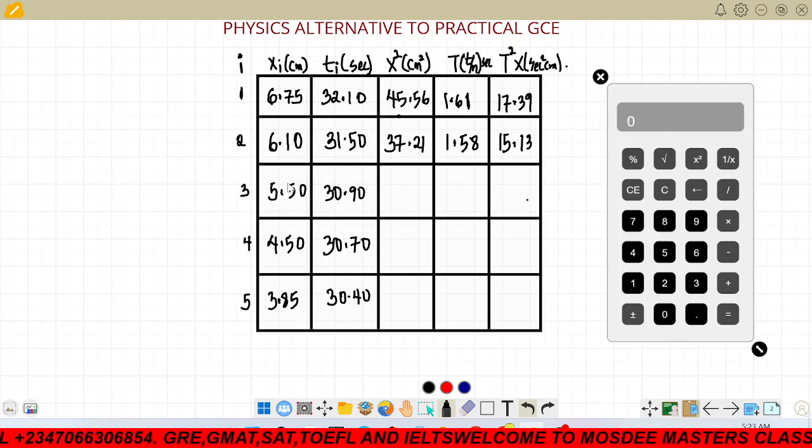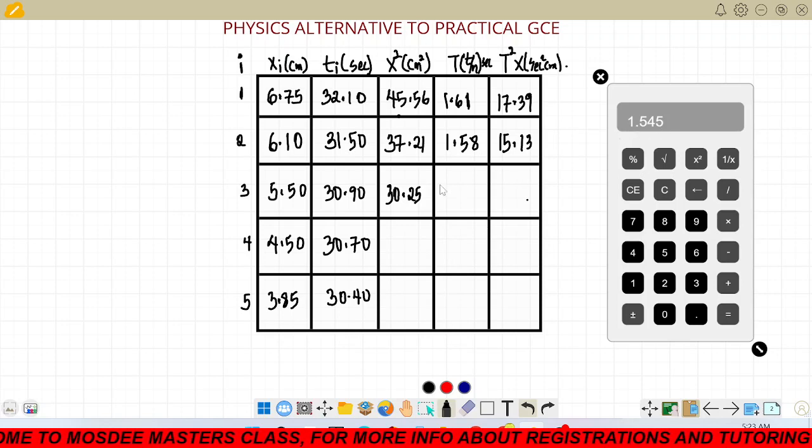This one is going to be squared, 5.50 squared. That is 30.25. Right away, it's two decimal places, 30.25. I'm going to divide this by 20. Remember, there are 20 oscillations. 30.90 divided by 20 is going to give me 1.545.